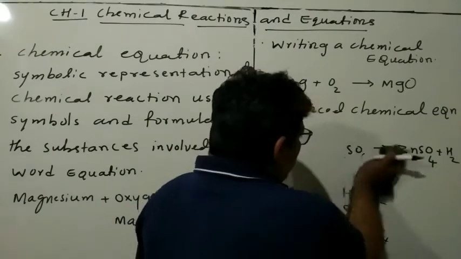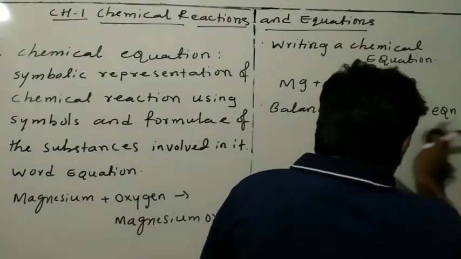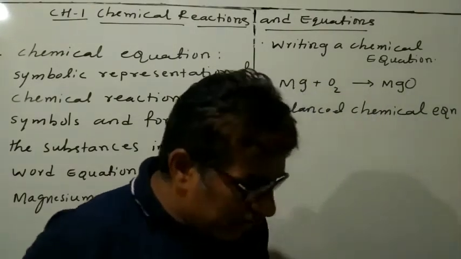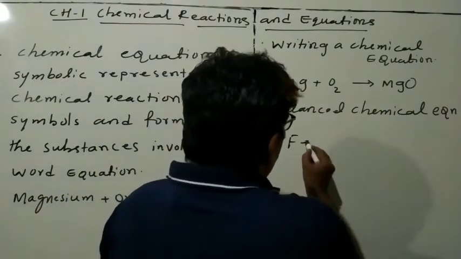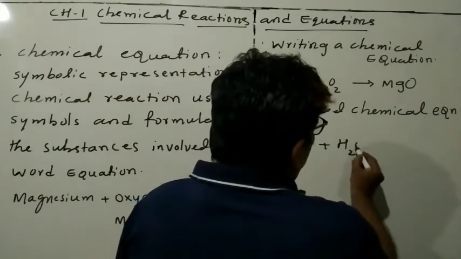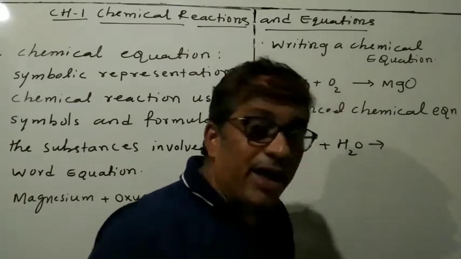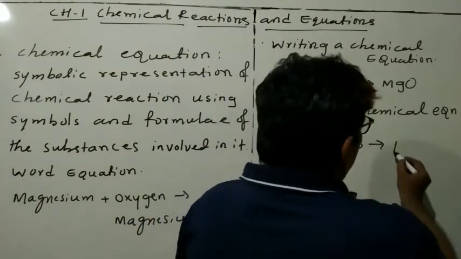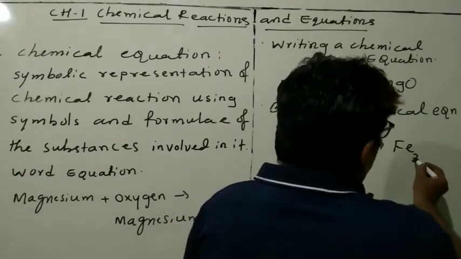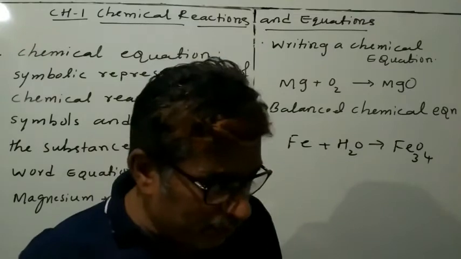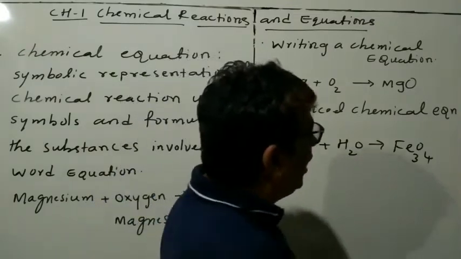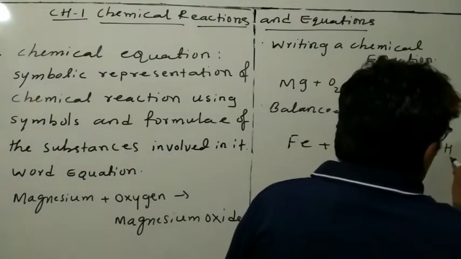Okay, got the idea? Now we discuss one more example: Fe plus H2O. So we'll get iron oxide, Fe3O4, plus hydrogen.